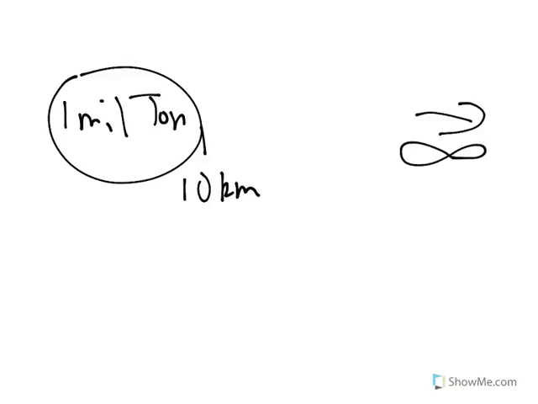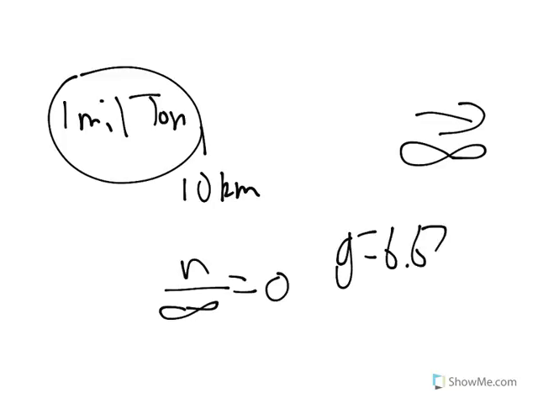Now this might seem impossible at first, but one of the things you can assume here is that any number divided by infinity just equals 0. And remember that gravity is 6.67 times 10 to the negative 11th. So pause the video, take a little while to try to solve this, and then we'll go over it together.